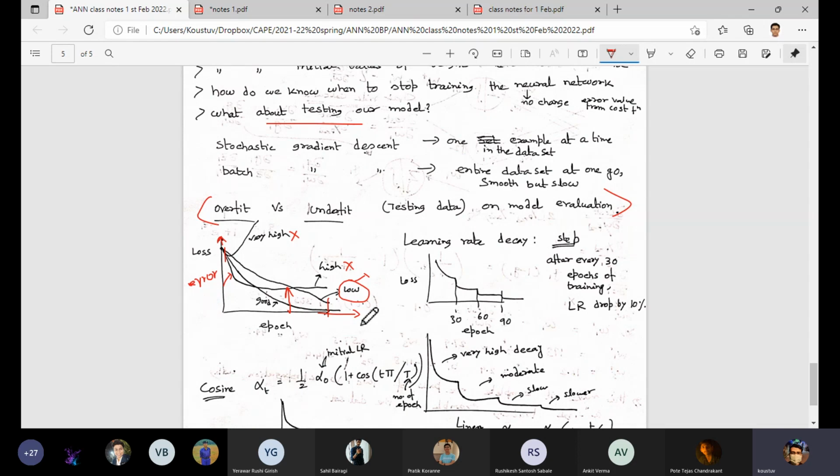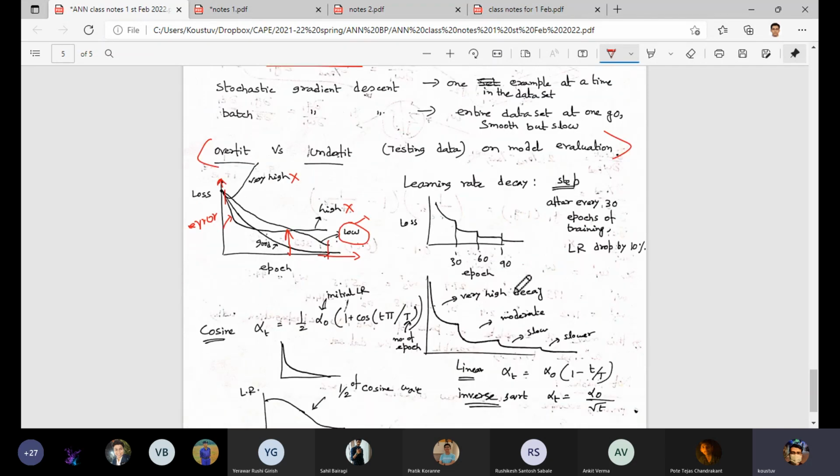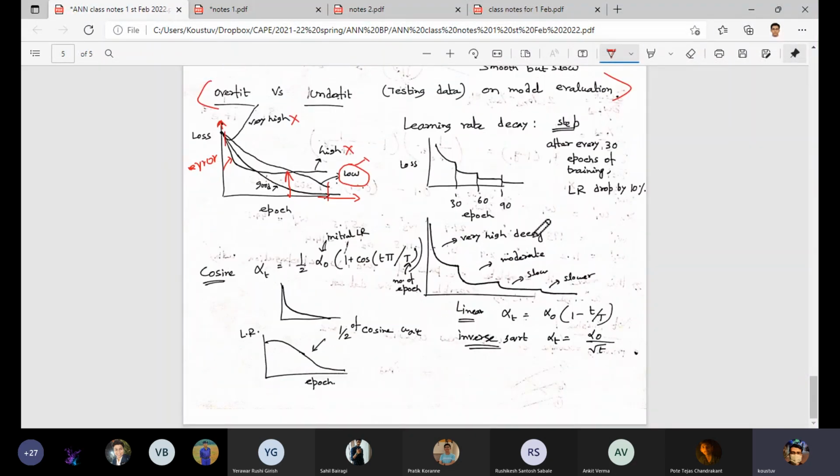That is called a learning rate schedule. So we cannot simply take a constant learning rate. There are different functional forms of learning rate, called learning rate decay, or sometimes we take that after 30 epoch calculations, the learning rate drops by 10%.